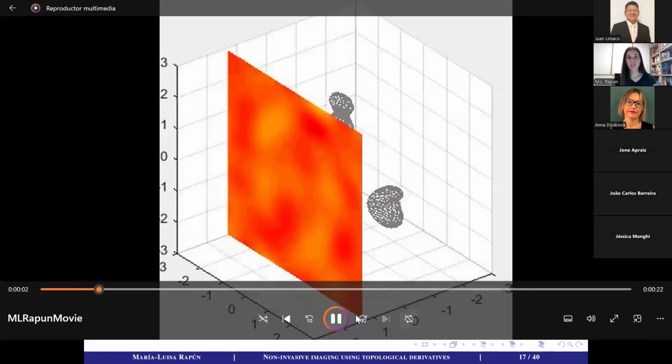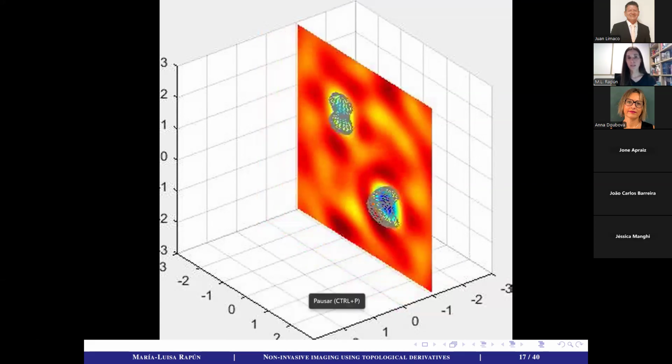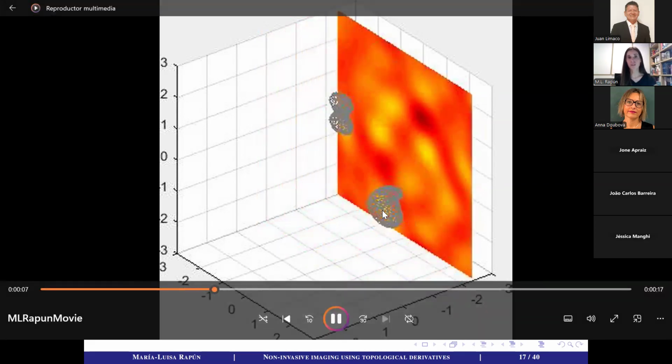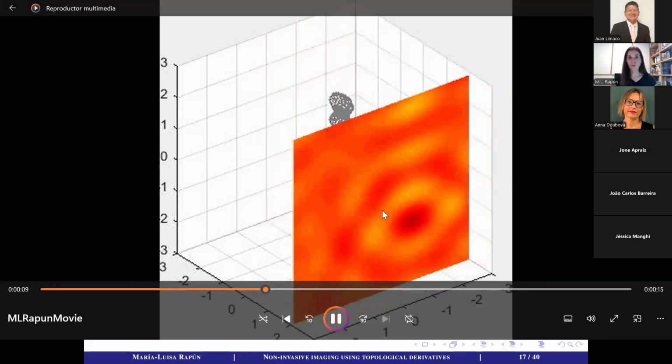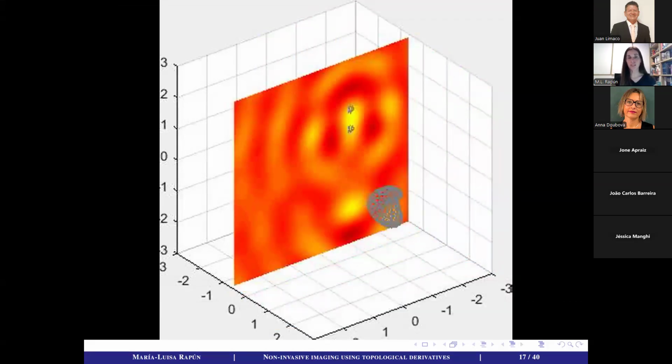Okay, so you can see that at the beginning, so in all these planes that do not intersect my objects, you see only red colors, meaning that the topological derivative is not identifying any objects here. But at some other planes, you get some regions which are in blue color, meaning that the topological derivative is large and negative.